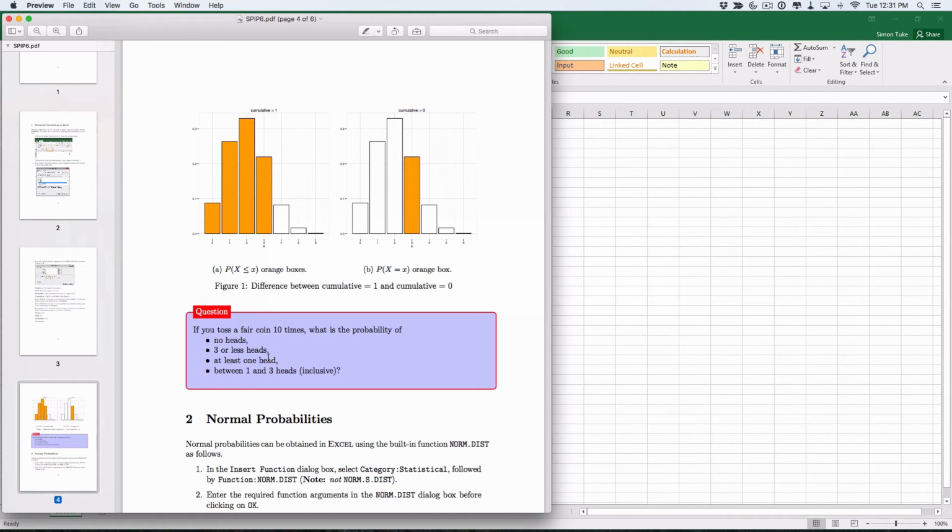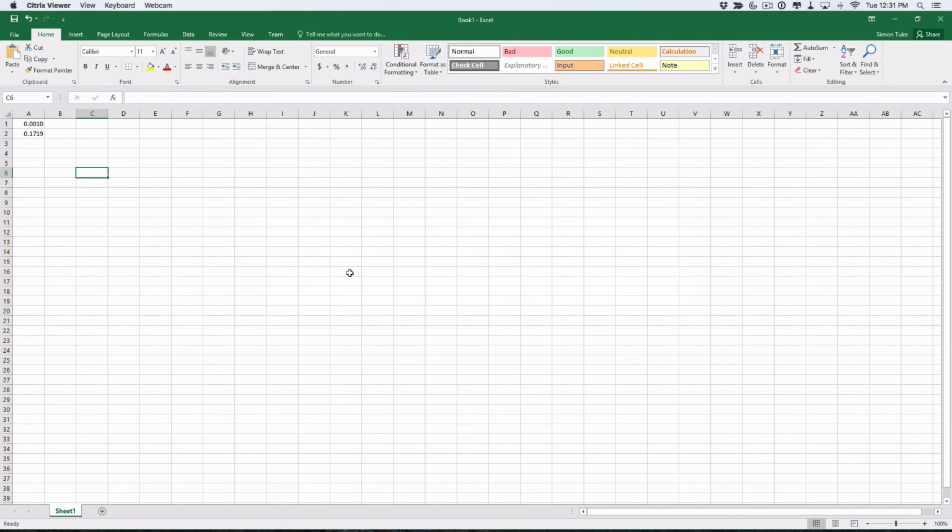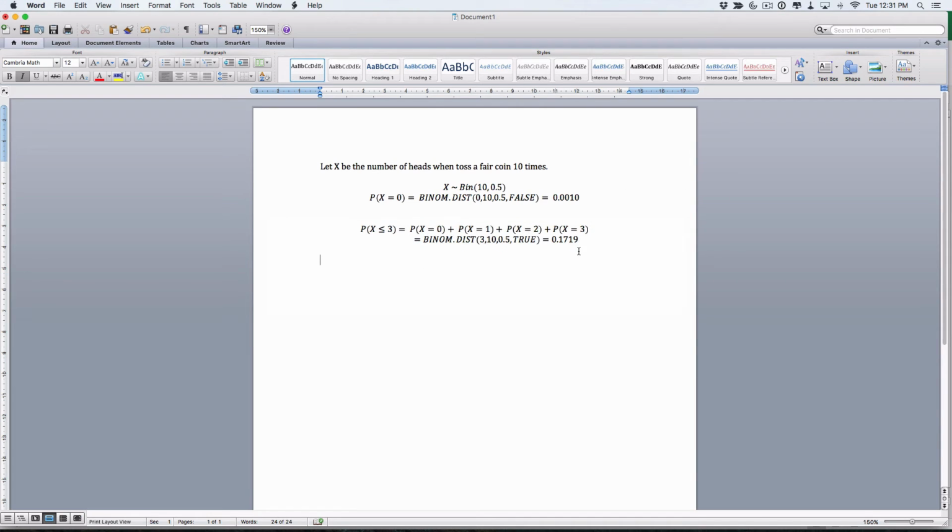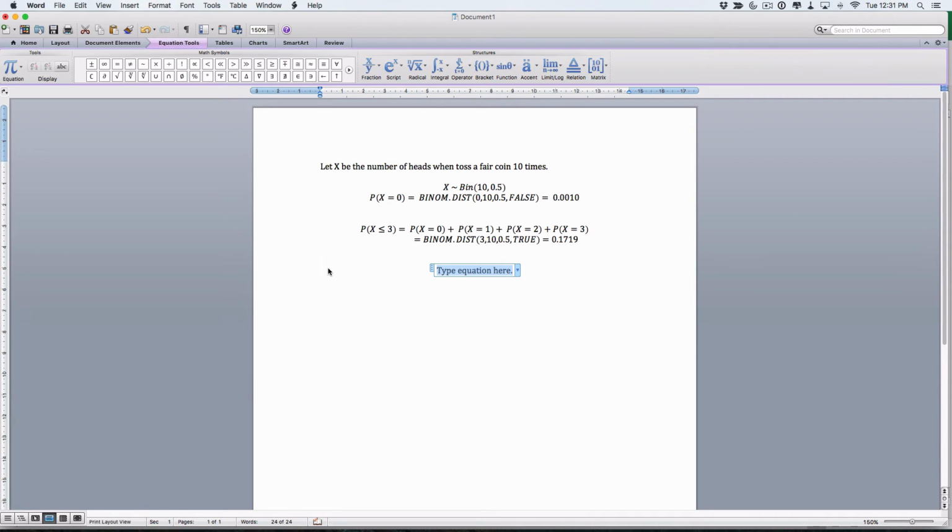At least one head. So at least one head means one head or more. So we want the probability that x is greater than or equal to 1.